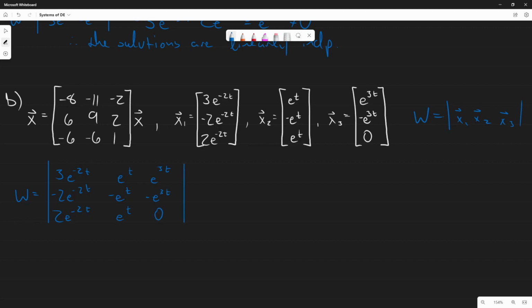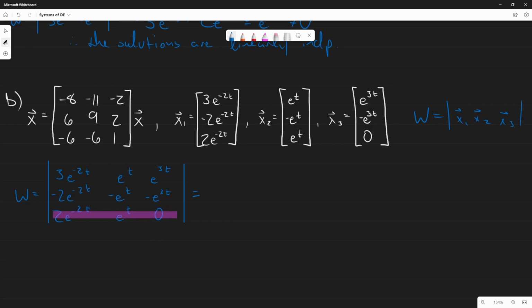If you don't remember how to find the determinants of a 3 by 3, like I said, feel free to check out the linear algebra section. But we are going to use cofactor expansion, mostly because we have a 0 right here. This is going to make our lives much simpler, as we just have to find the determinant of two other things. So we're going to focus on the bottom row.